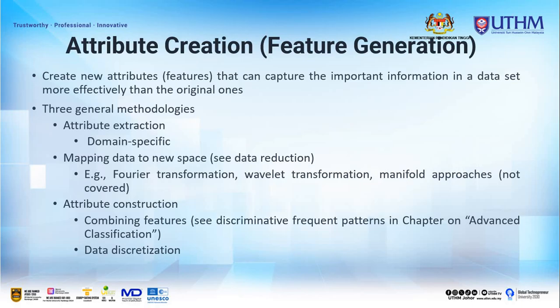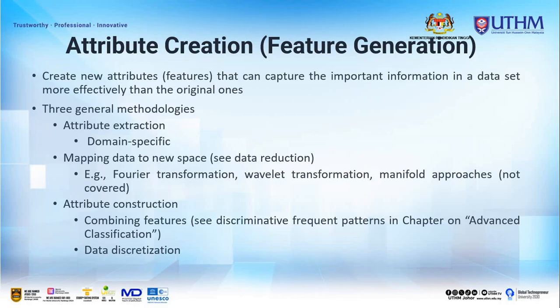The general goal of data mining is to discover the hidden patterns inside the data set. For example, for attribute extraction, there are Fourier transformation, wavelet transformation, and manifold approaches, not covered in detail here. These are some examples of methods.